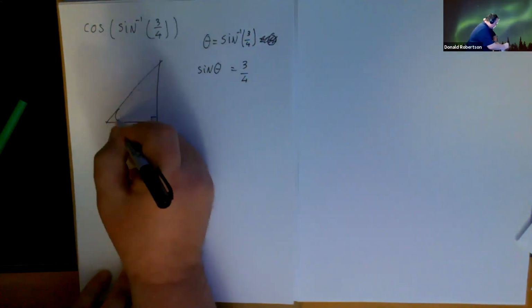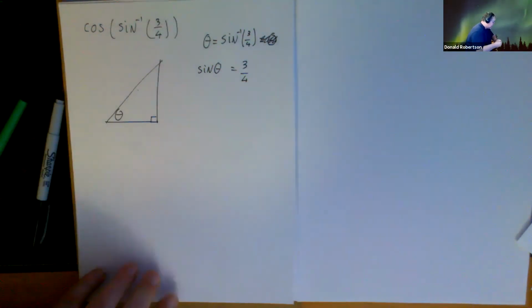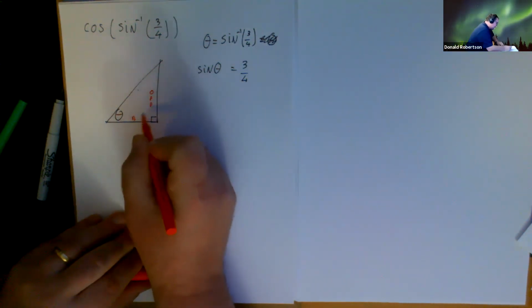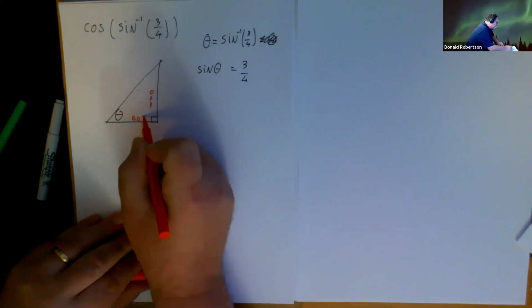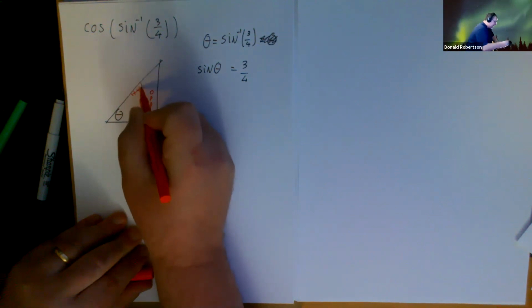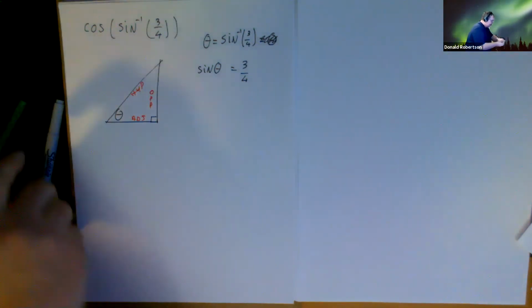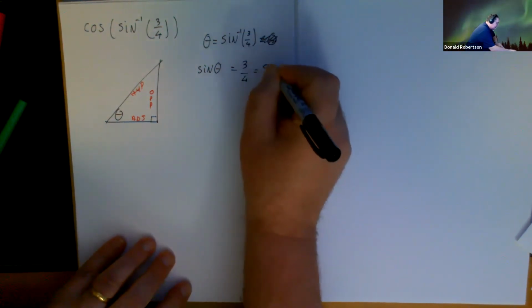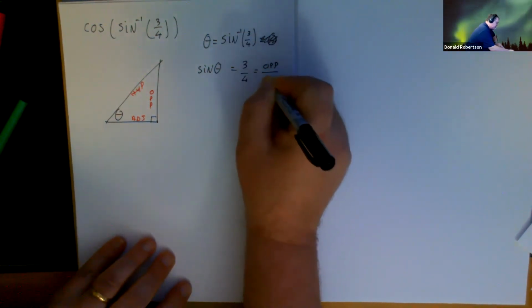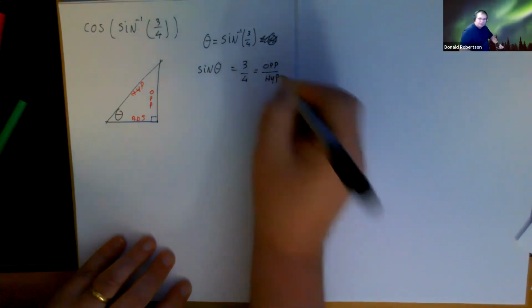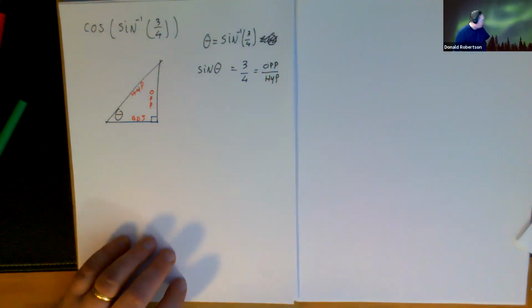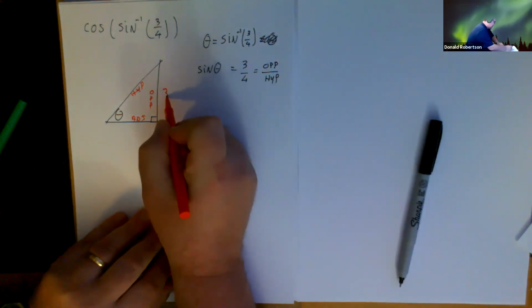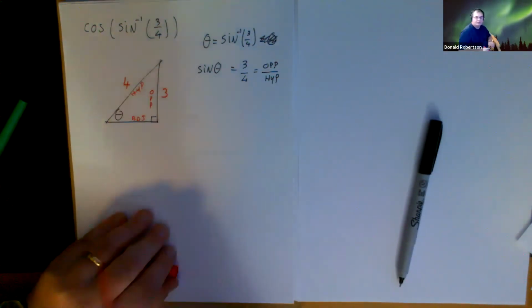Call this angle theta, and then create your opposite, your adjacent, and your hypotenuse. And look at that guy, and you can see that the sine from SOHCAHTOA is made up of an opposite over hypotenuse, which means that this guy is 3 and this guy is 4.